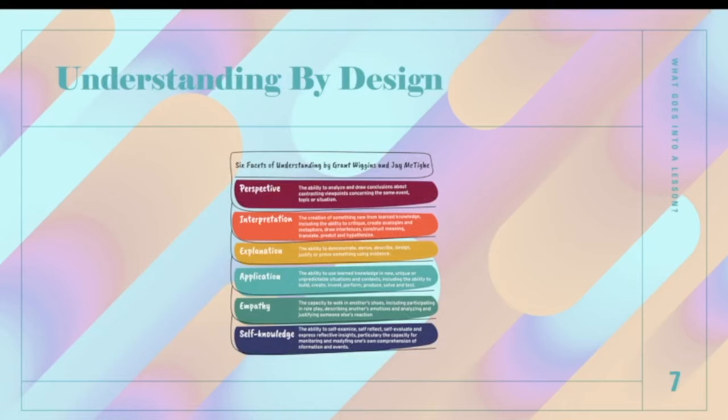Understanding by design is another different way to look at how students are understanding when you're planning your lessons. So there's just kind of 6 ways of understanding that this taxonomy talks about. So there is perspective, which is the ability to analyze and draw conclusions about contrasting viewpoints.